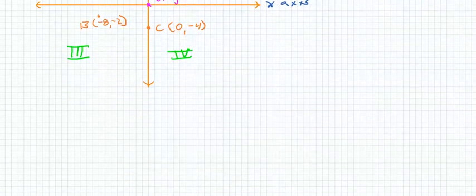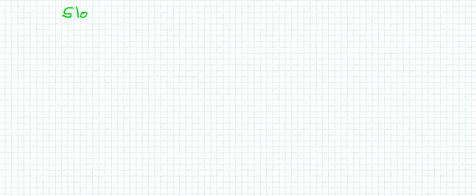All right, now I want to look at slope. Again, you did this in Algebra 1. Slope of a line is the rise, how much the line goes up, over how much it goes over. Rise over run.